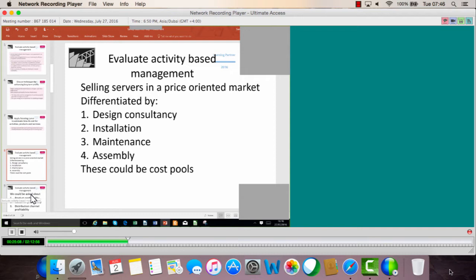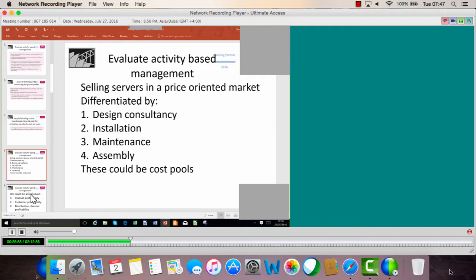The recognition that we are, of course, selling these servers in a price-oriented market, and in order to try and differentiate our product, if we are going to be able to persuade customers that our servers are worth buying, although other people are selling servers at a higher price, then they've got to have a recognition of the justification for paying us slightly more. And our way of trying to do that is through these 4 areas.